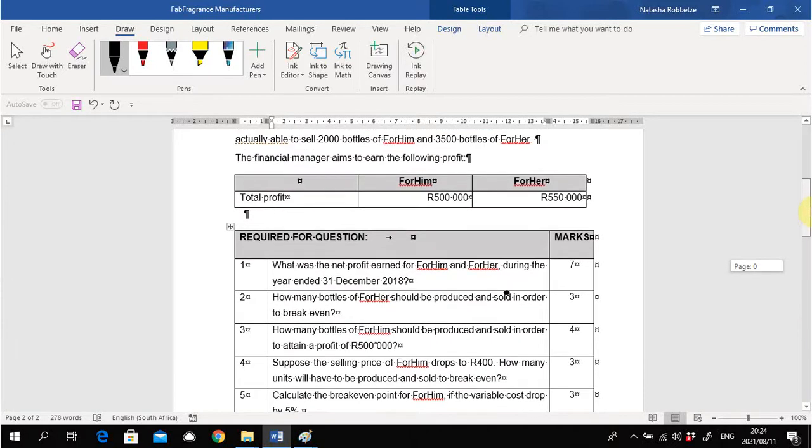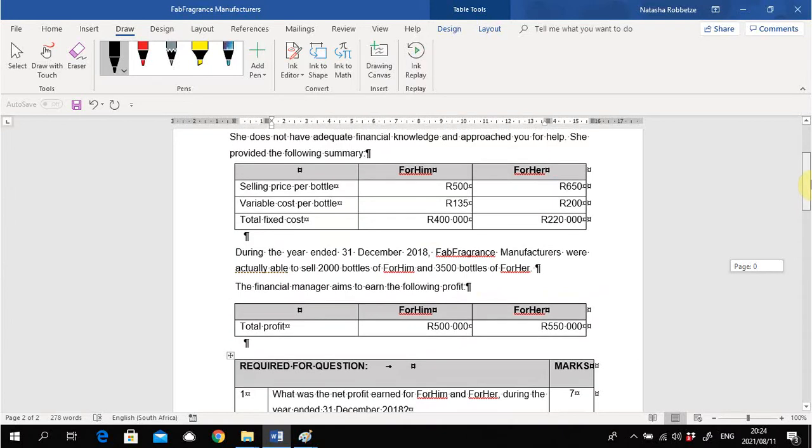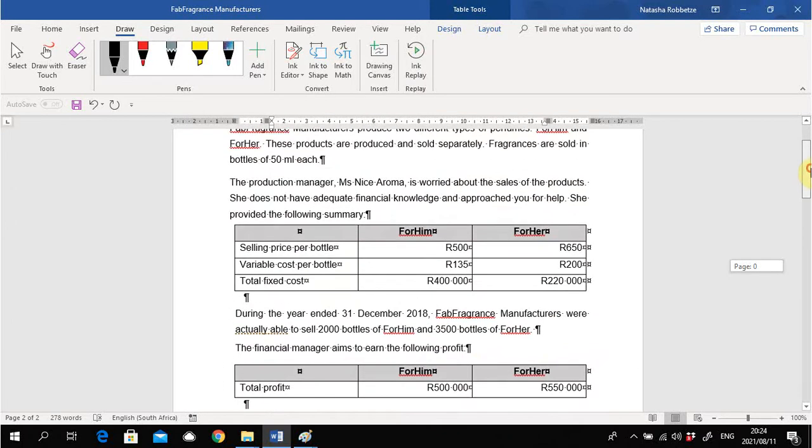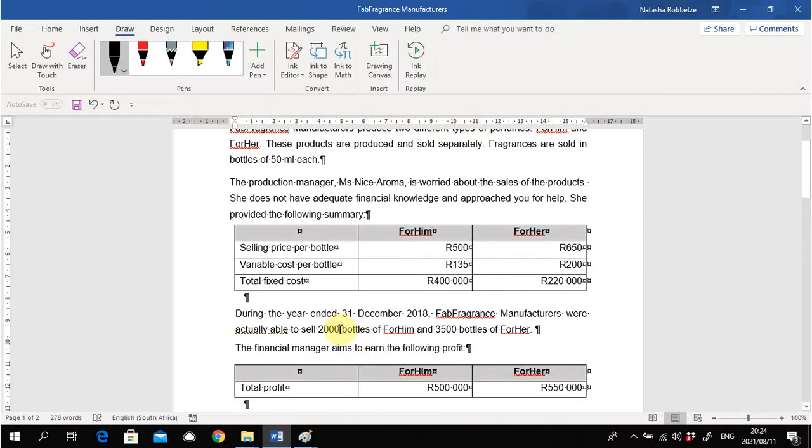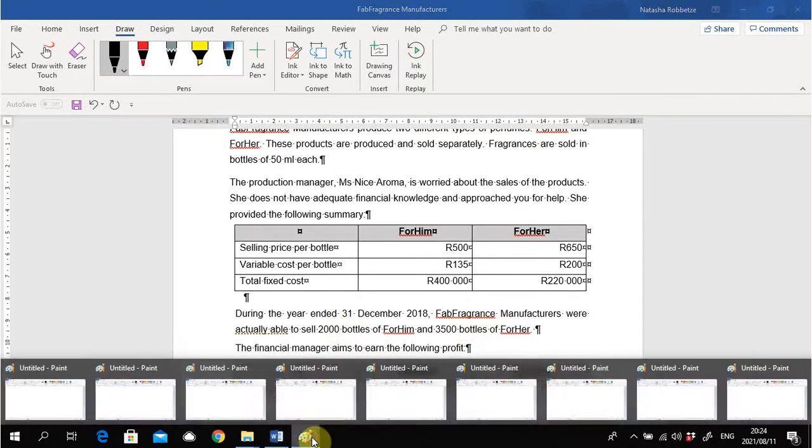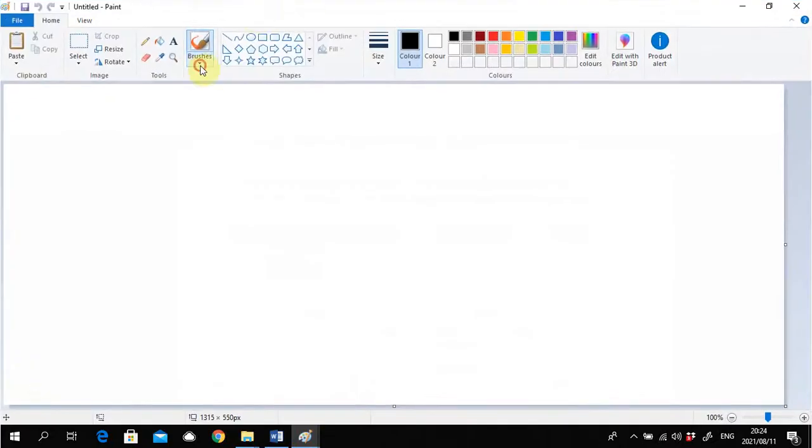Number one, the net profit earned for him and for her. They say that they sold 2,000 bottles for him and 3,500 bottles for her. So I'm going to start with number one, and I think we should do the for him first.